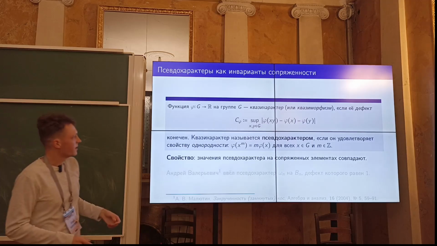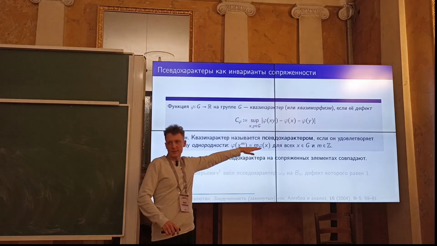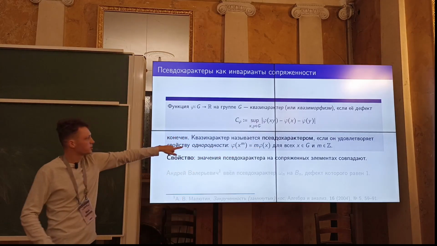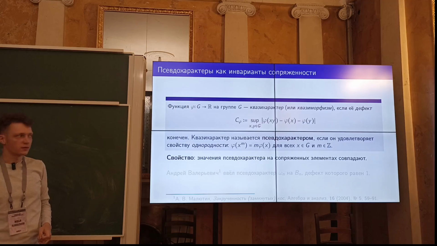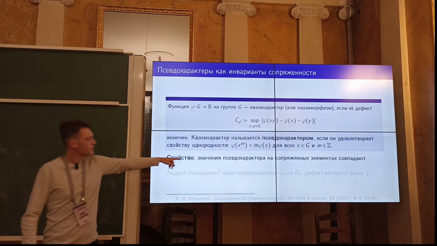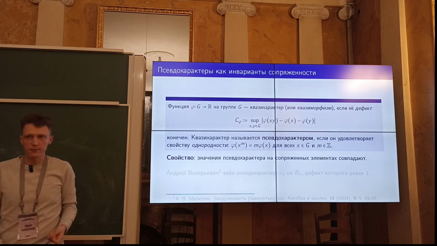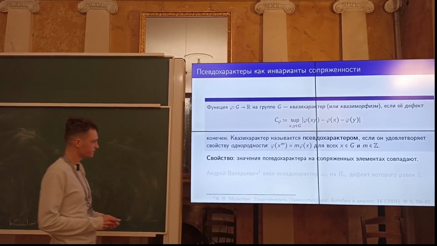And a quasimorphism is called a pseudo-character if it is homogeneous. In fact, any such function is constant on conjugacy classes of the group. That is why we are interested in pseudo-characters on the braid group.